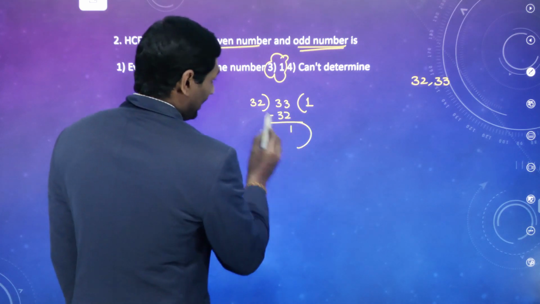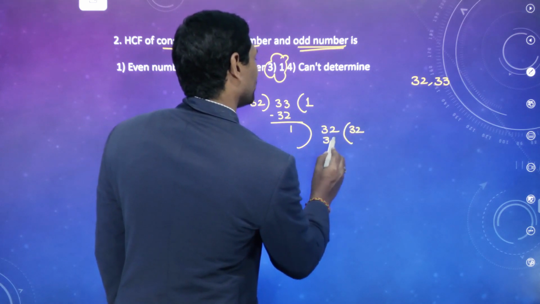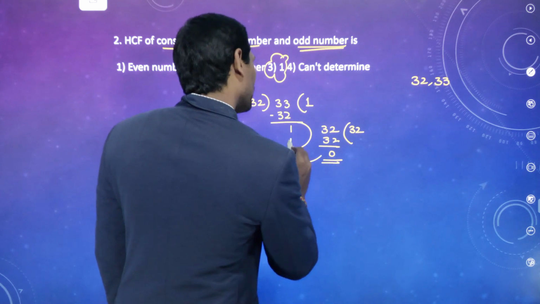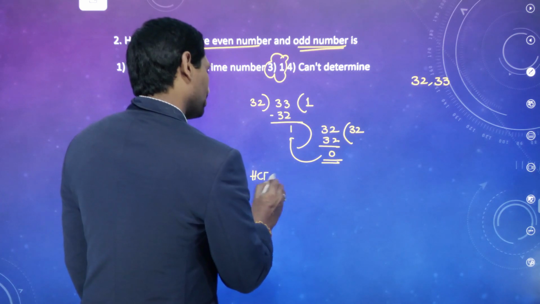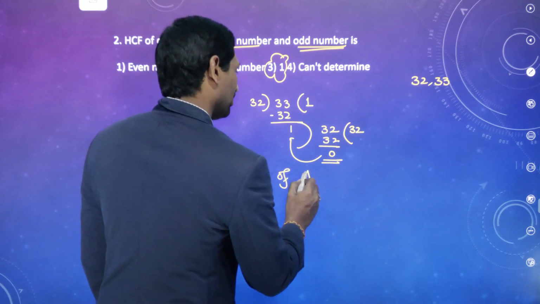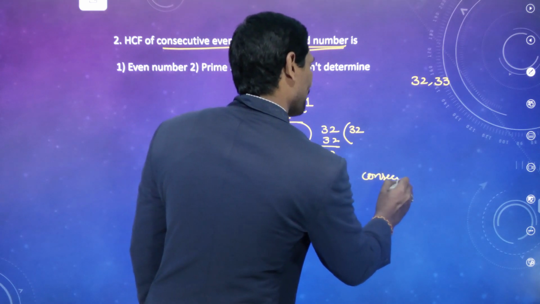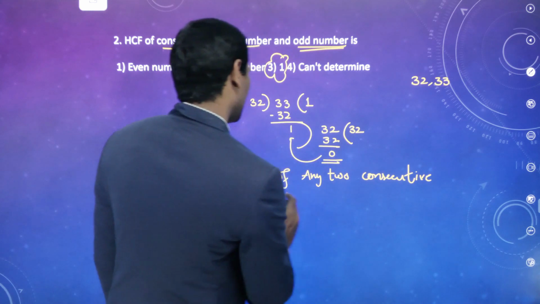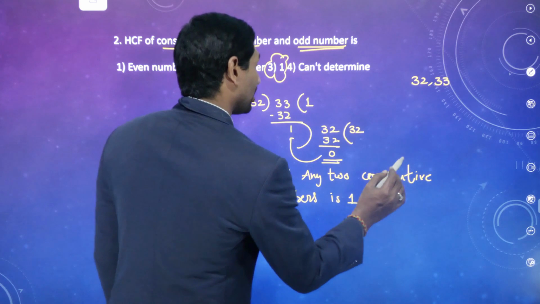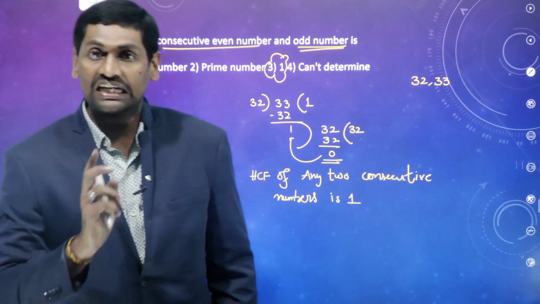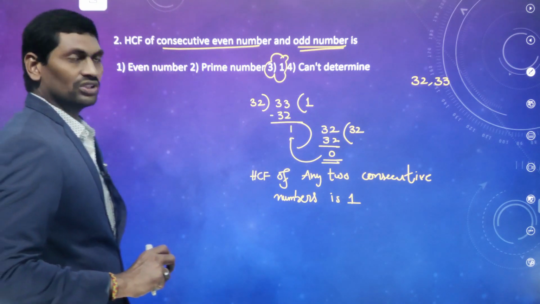In the next step, the divisor becomes the dividend. And 1 times 32 is 32. Remainder 0. So when you get the remainder 0, its divisor will be the HCF. So you have to conclude that the HCF of any two consecutive numbers is 1, and they are also called co-primes or relatively prime numbers. Clear? So let us move on to the next question.